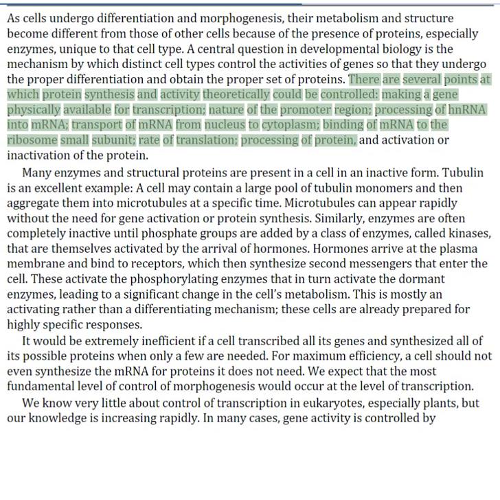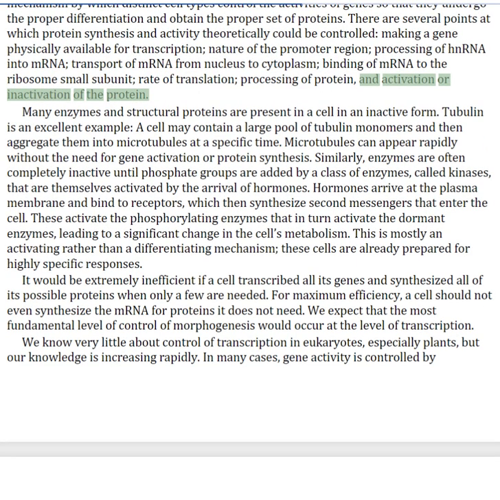There are several points at which protein synthesis and activity theoretically could be controlled: making a gene physically available for transcription, nature of the promoter region, processing of hnRNA into mRNA, transport of mRNA from nucleus to cytoplasm, binding of mRNA to the ribosome small subunit, rate of translation, processing of protein, and activation or inactivation of the protein.